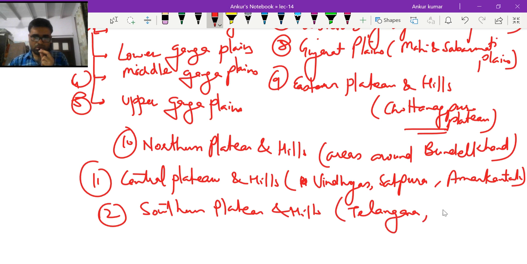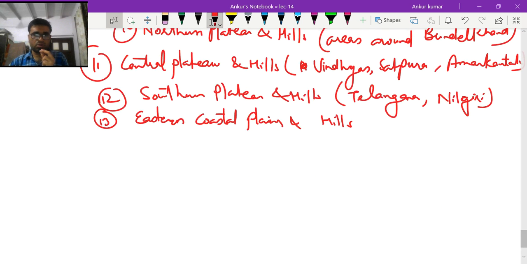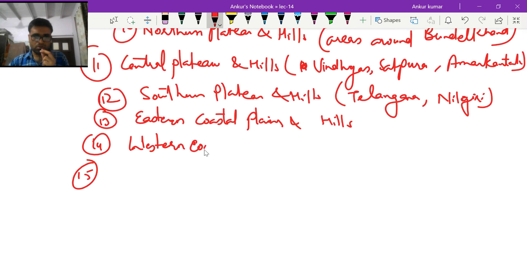Moving on to the 13th, that is the Eastern Coastal Plains and Hills. Moving on to the 14th, and the last one is the 15th. The 14th is the Western Coastal Plains and Hills, and the 15th is the Island Regions of India.